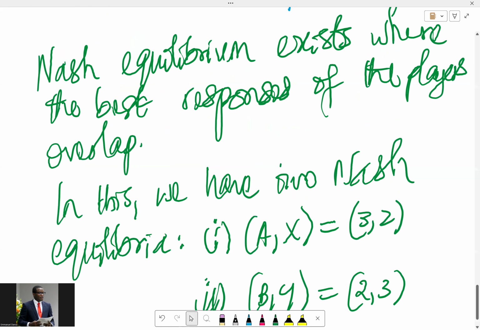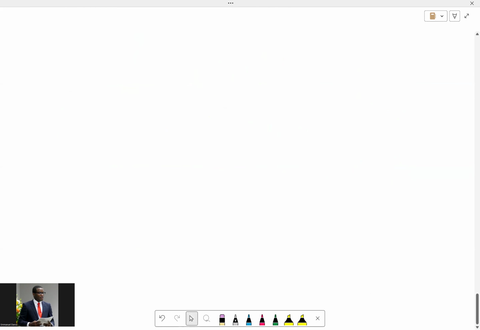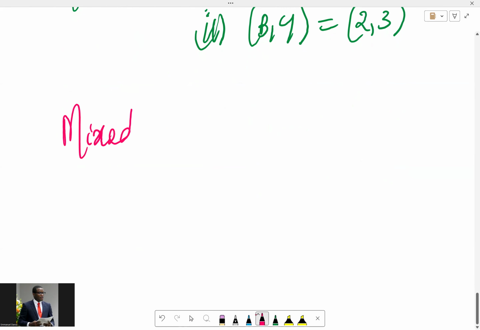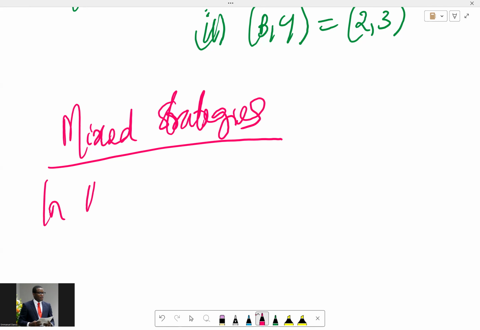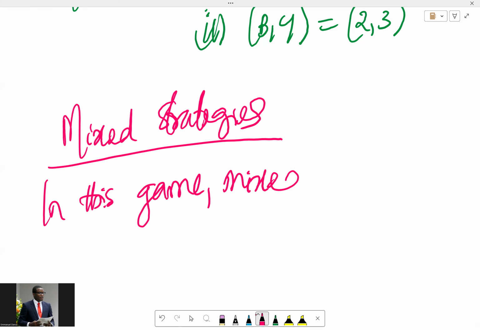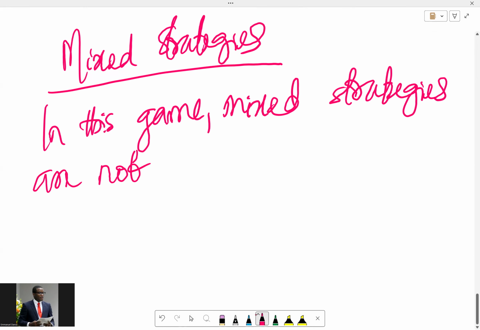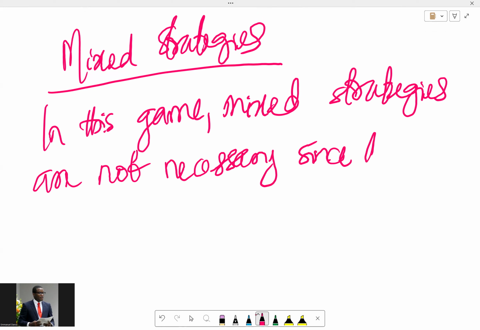So let's talk about mixed strategies. In this game, mixed strategies are not necessary, since there are pure strategy Nash equilibria.